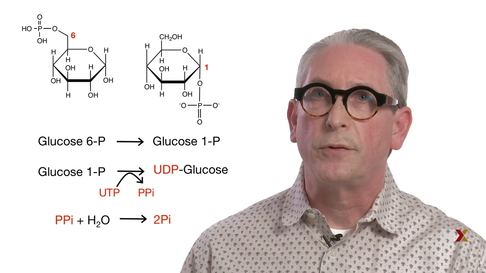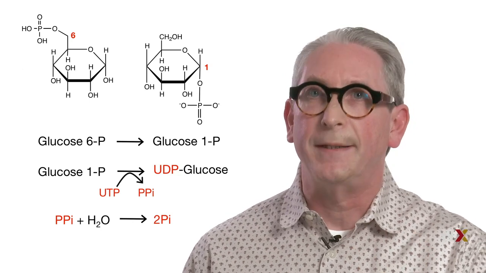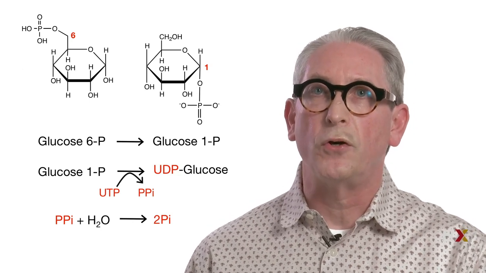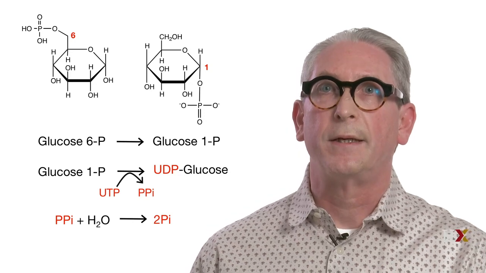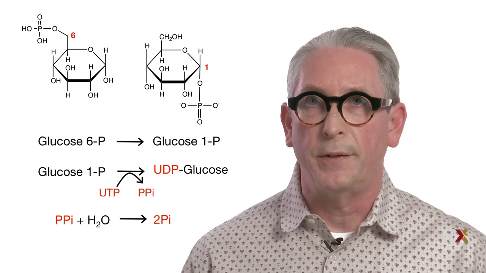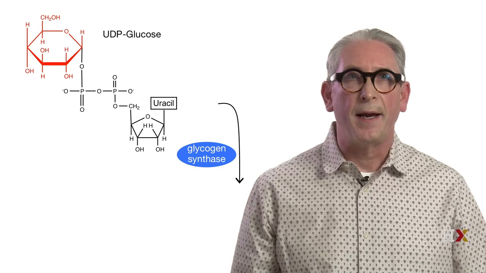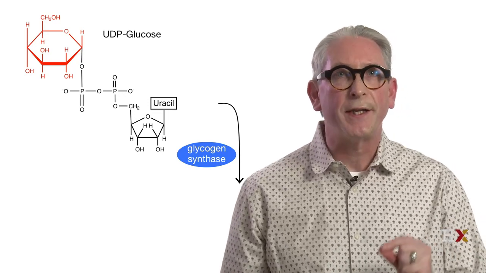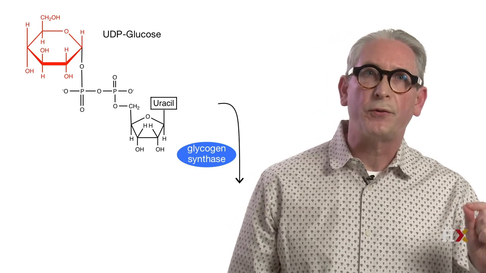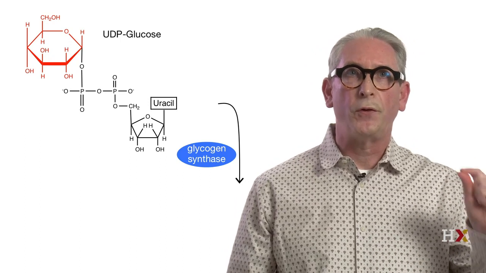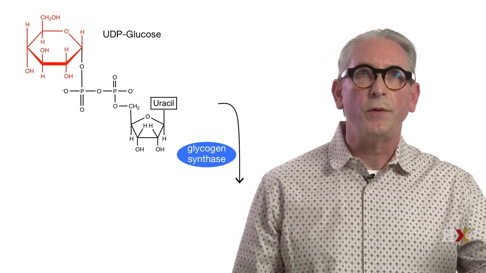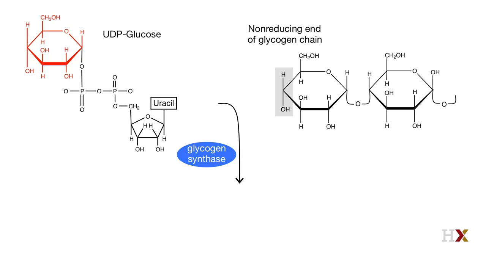In UDP glucose, the molecule of glucose is activated, and UDP glucose will act as a donor of glucose unit. So an enzyme called glycogen synthase will catalyze the transfer of a glucose unit from UDP glucose to the non-reducing end of a glycogen chain.